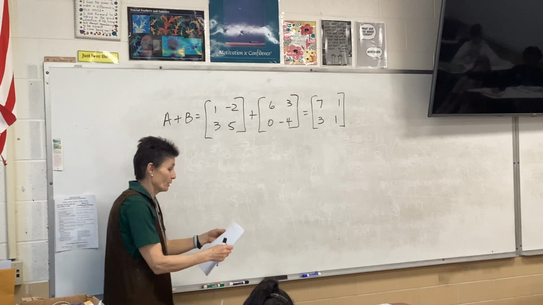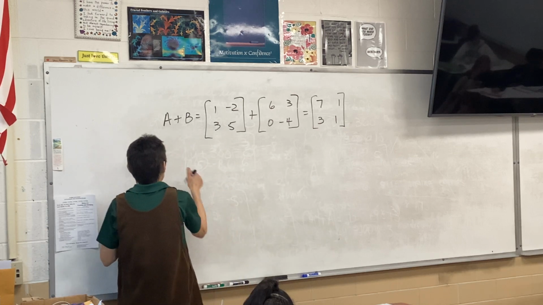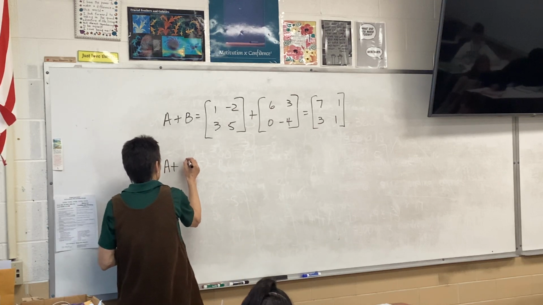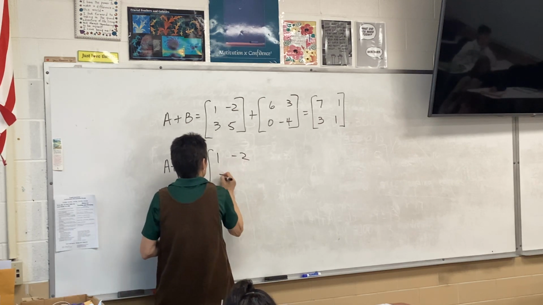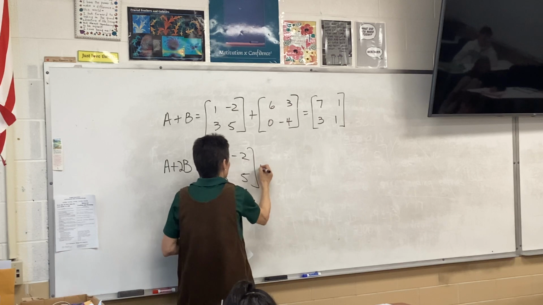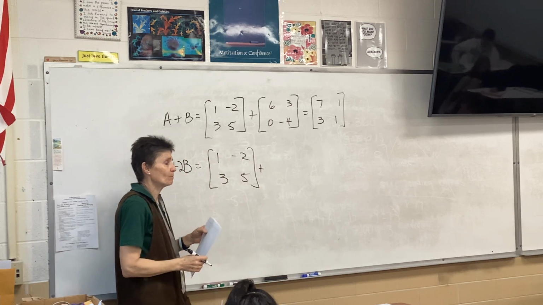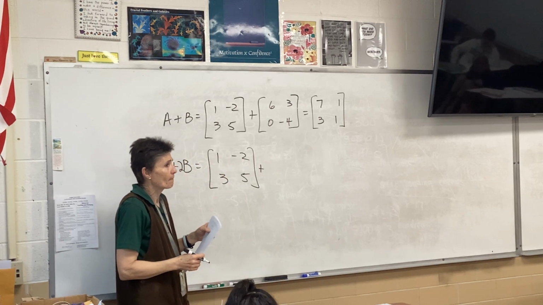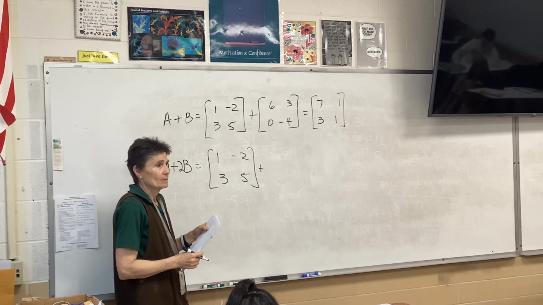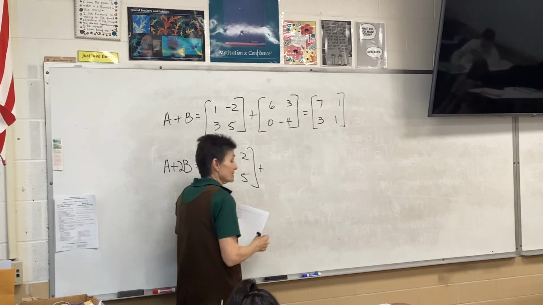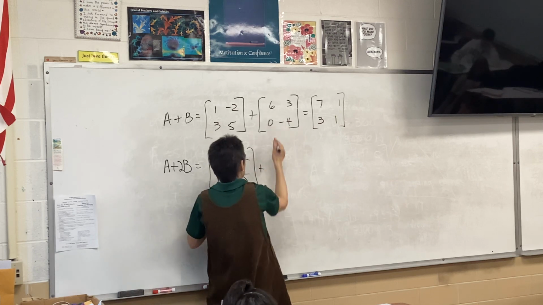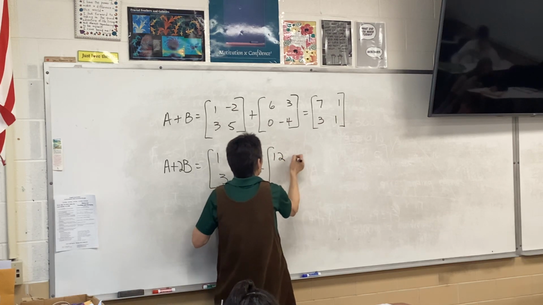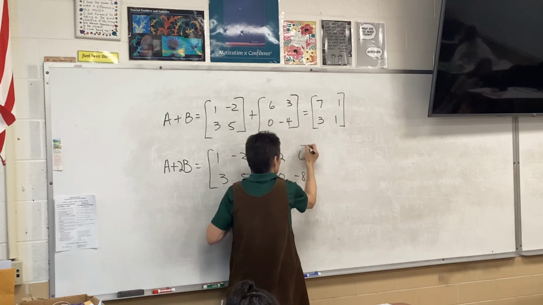How about the next one? A plus 2B. What do I do with 2B? It's like the distributive property. We just take 2 times everything in B. So that's going to be 12, 6, 0, and negative 8.